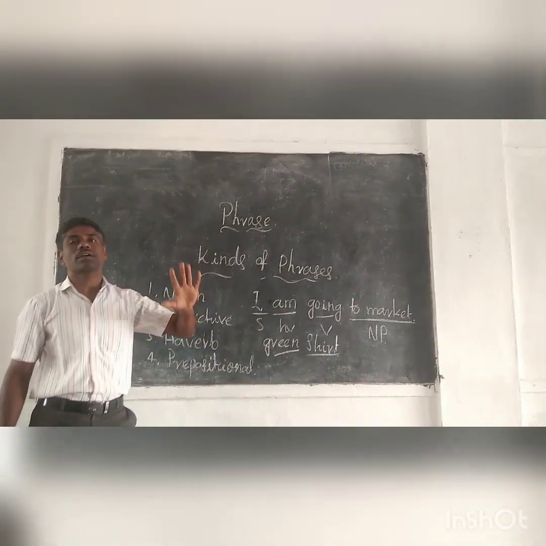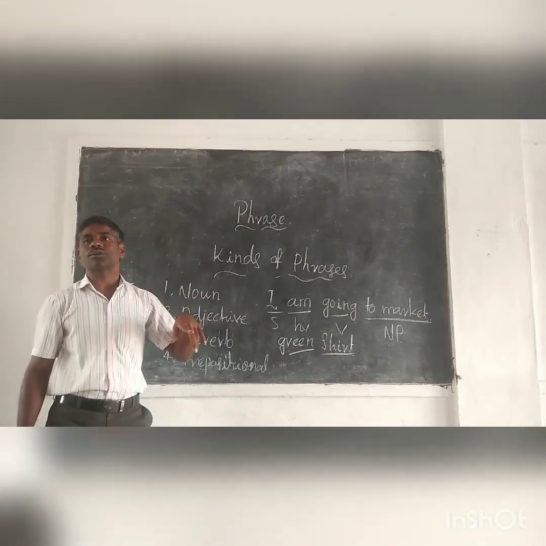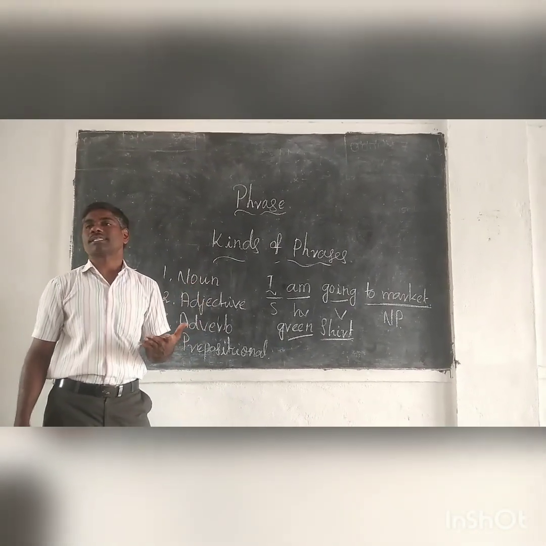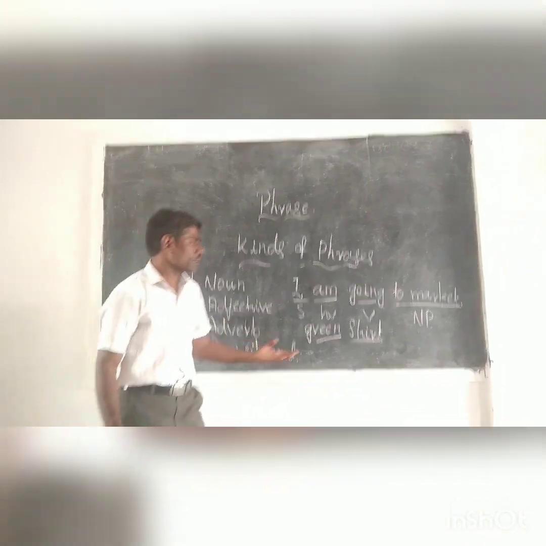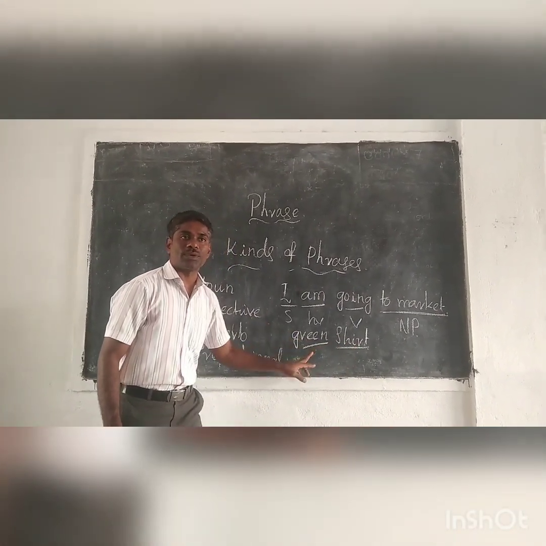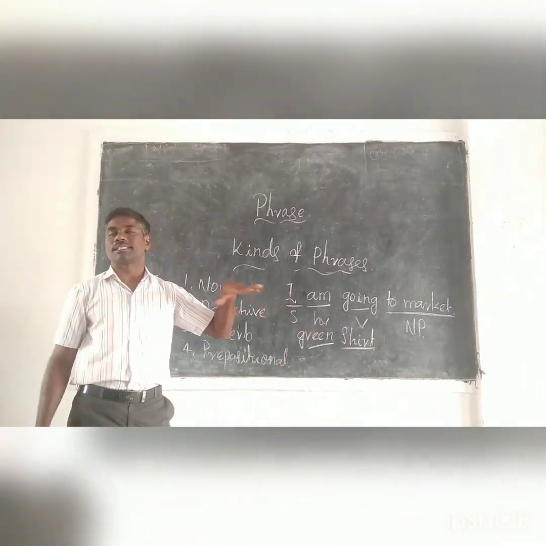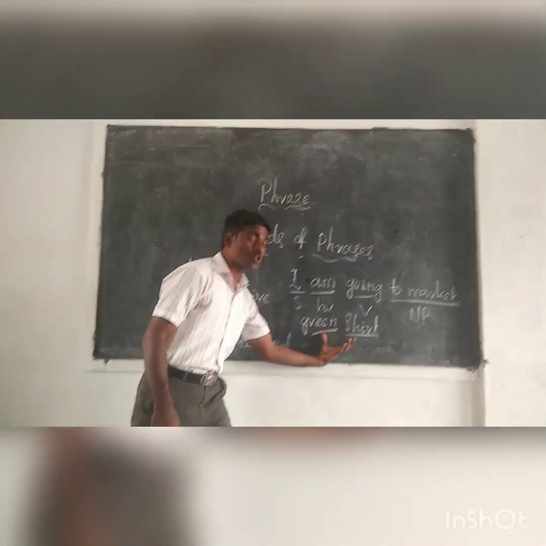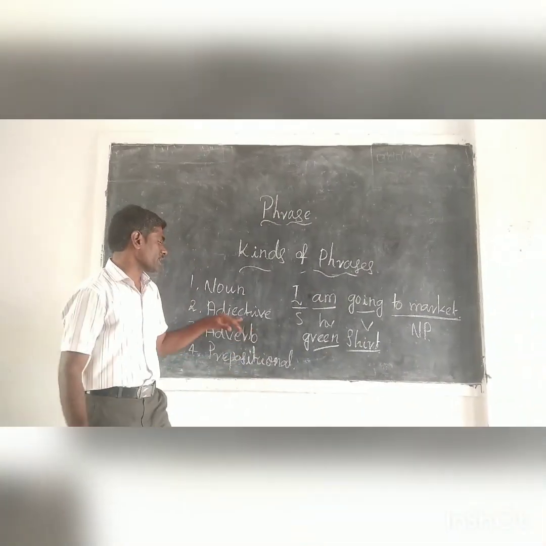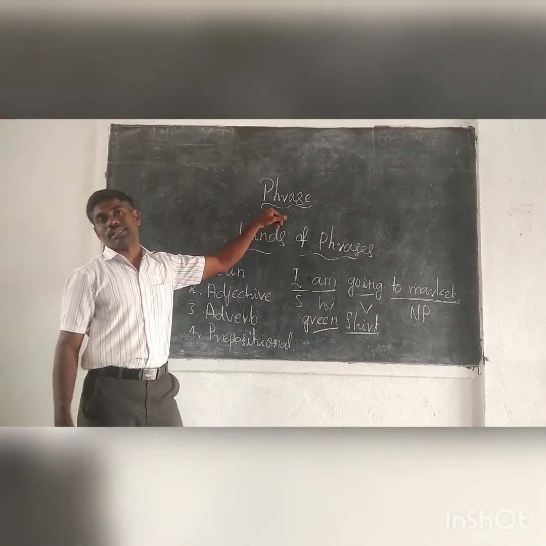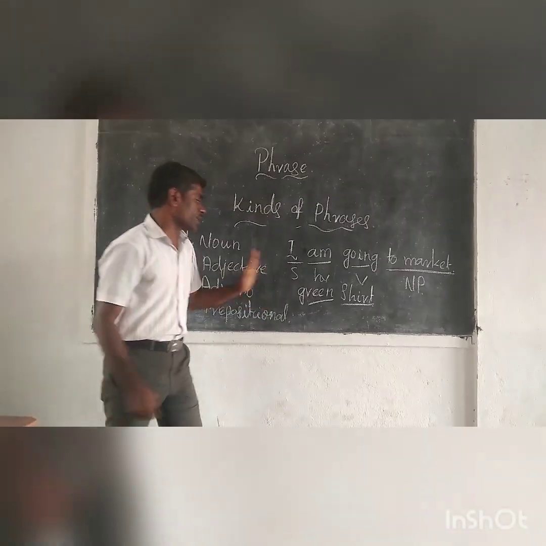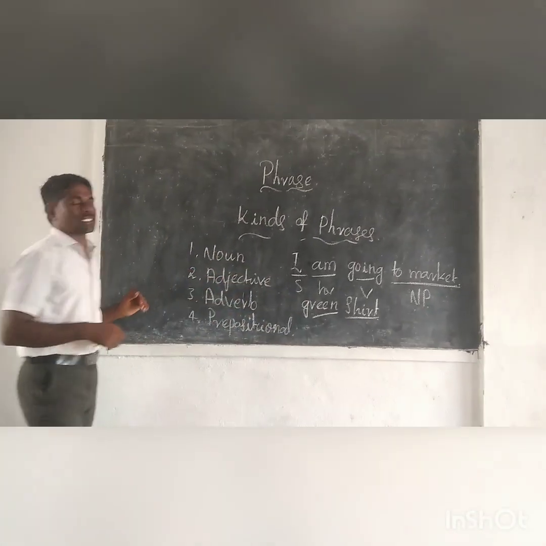Green is one of the colors, and it qualifies the noun. It is also called an adjective of color. Since these two words occur together, it is called an adjective phrase.